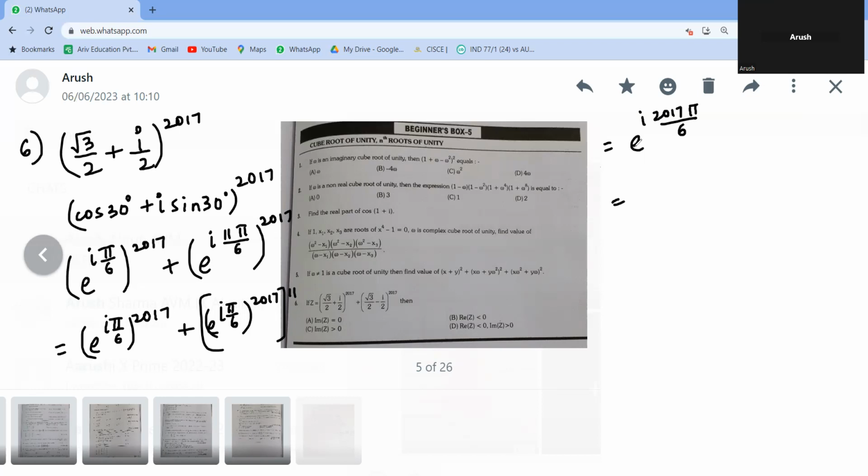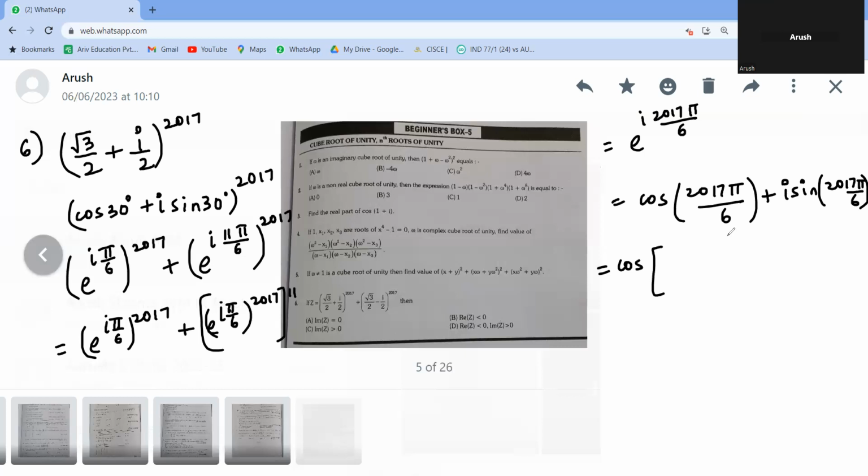We'll have to convert this, Arush. We'll have to use the allied angle formula. See, this is cos of 2017 pi by 6 plus i sine of 2017 pi by 6. इसको हमें सॉल्व करना पड़ेगा अपना अलाइड एंगल फॉर्मूला यूज करके.